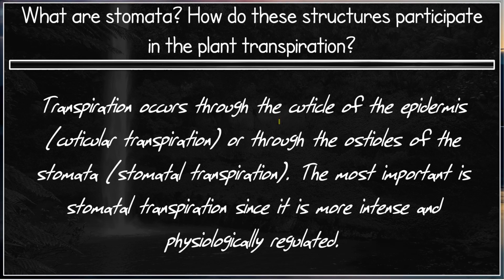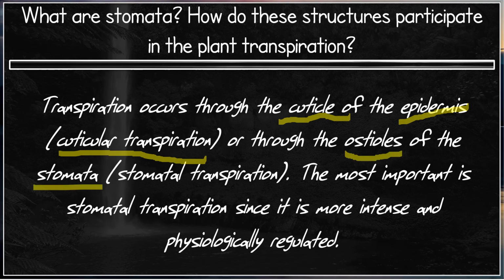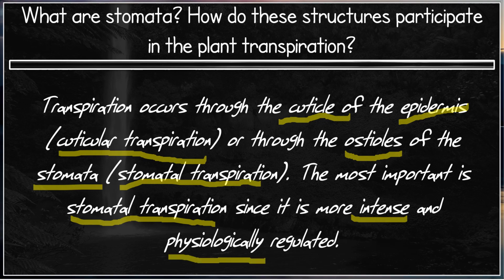Transpiration occurs through the cuticle of the epidermis, which we call cuticular transpiration, or through the ostioles of the stomata, stomatal transpiration. The most important is stomatal transpiration, since it is more intense and physiologically regulated.